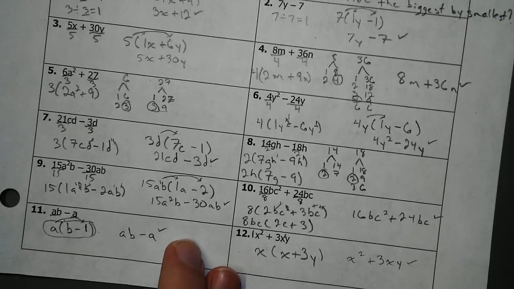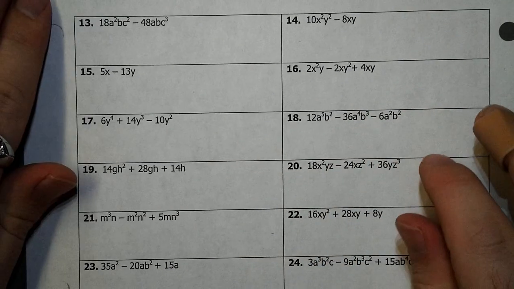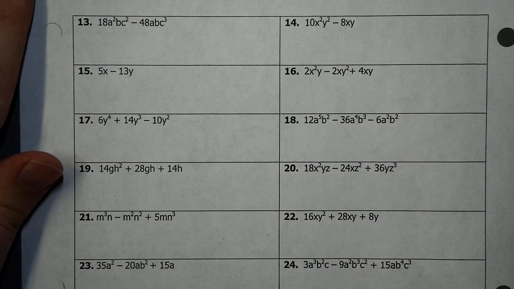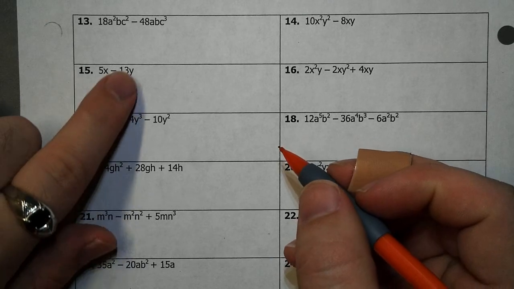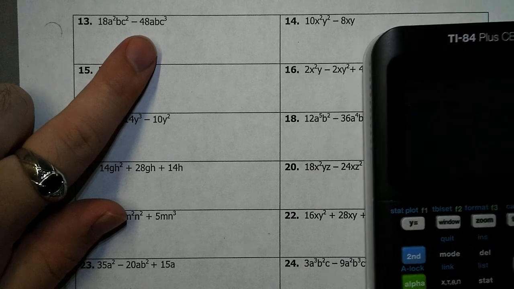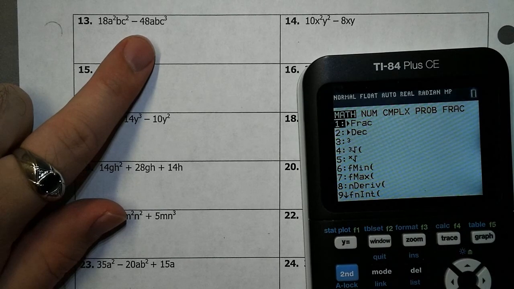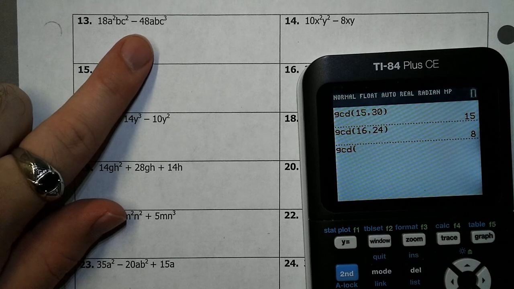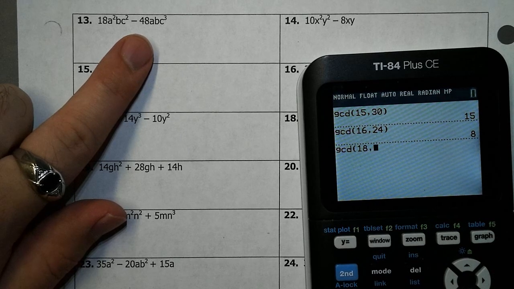All right, flip over to the back. All right, 13. I've got 18 and 48. Once again, I'm going to do the quick way. Math number 9, GCD of 18 and 48 gives me 6.